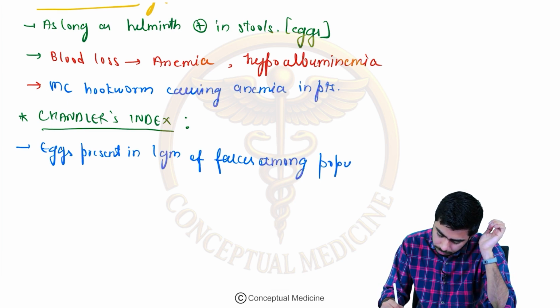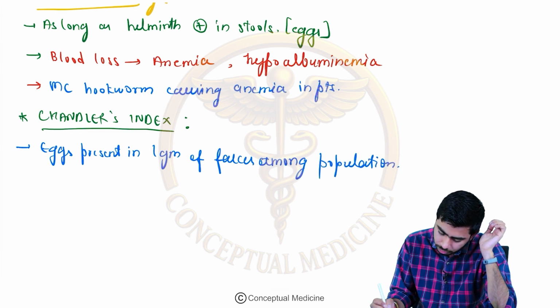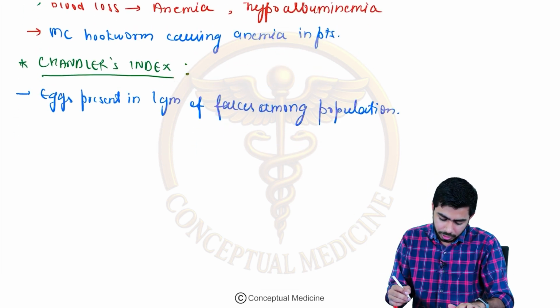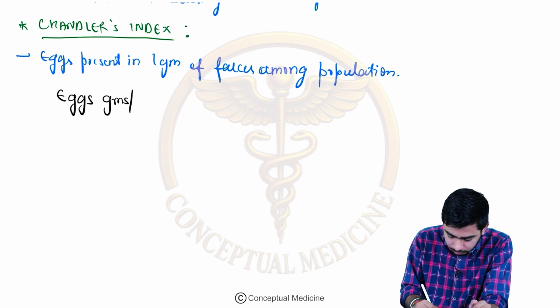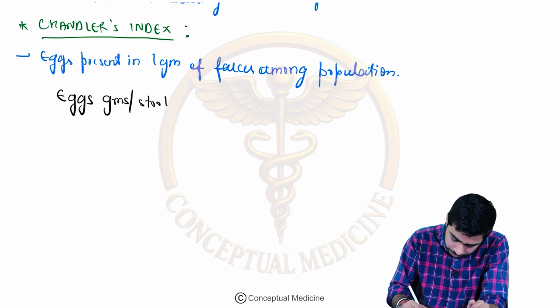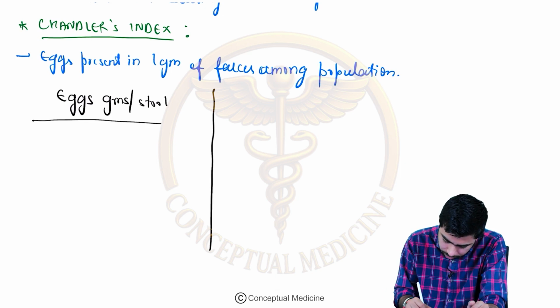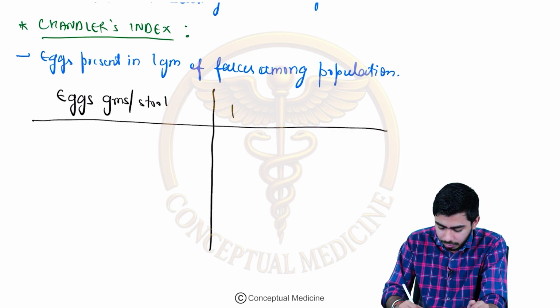So basically it is talking about the criteria over here. For example, on one side I shall write the eggs present in grams per stool, and on the other side we shall write whether it is a public health problem or not.